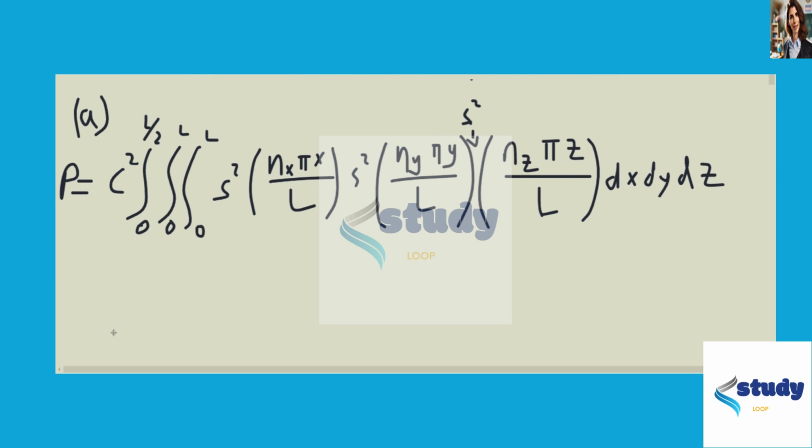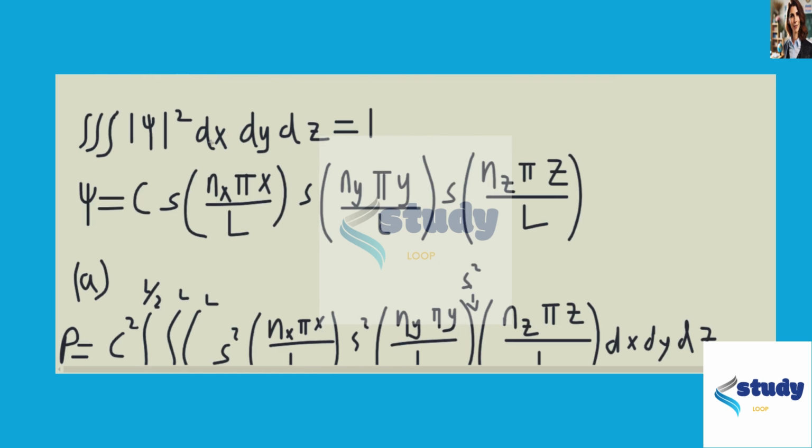So we find that the probability here, according to the Max Born rule, of course, is just this equation. If it's equal to 1, it gives us a value of c equal to the square root of 2 over L, as is done in the book. You can prove it again if you want.